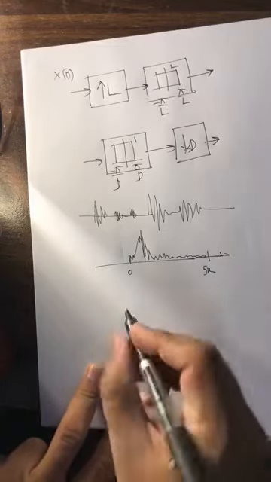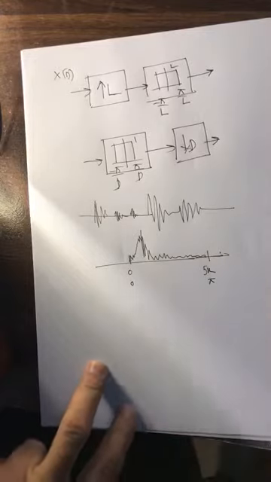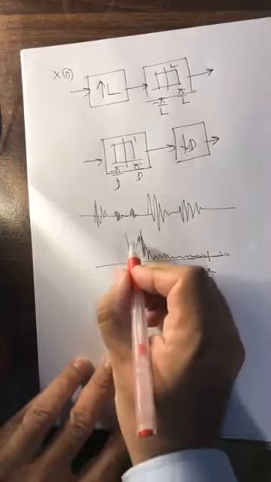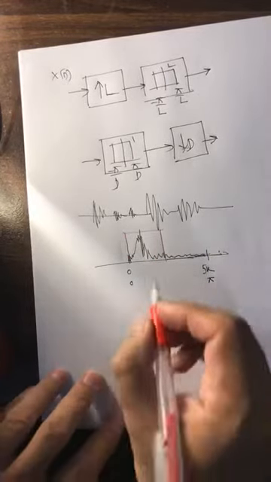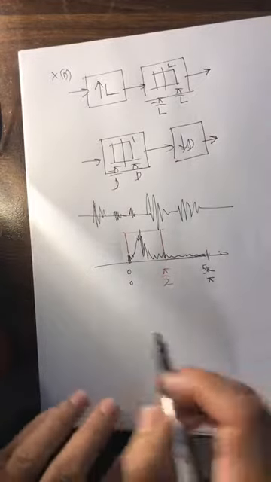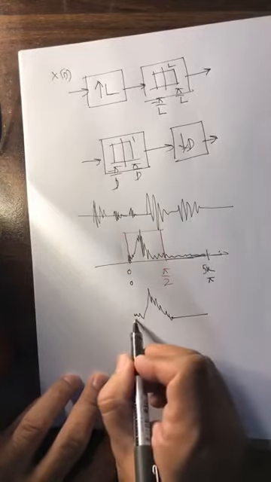And so this is 0 and this is pi once you digitize it. And if you have decided to decimate, you need to pass it through a pi by 2 filter. This is what we have seen, passing voice through a pi by 2 filter. Once you pass voice through a pi by 2 filter, this spectrum will look like this.